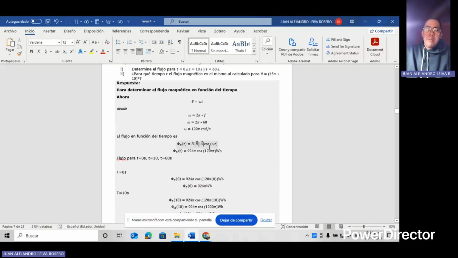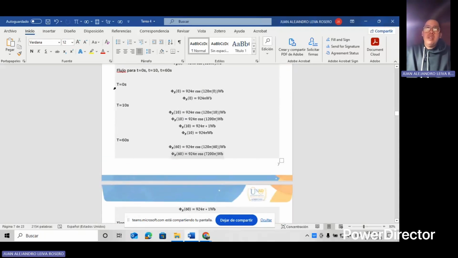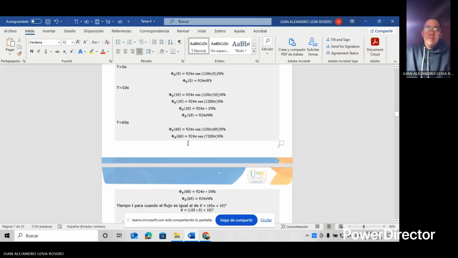Let's evaluate specific times: 0, 10, 16. Notice that at integer multiples of the period, the cosine function returns to its initial value, giving the same flux. The periodicity is the key characteristic of an AC system.